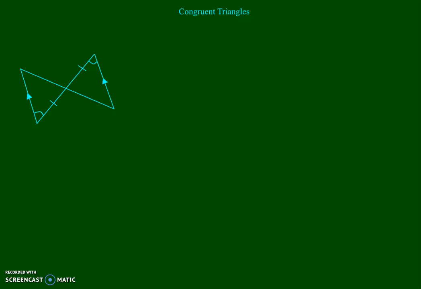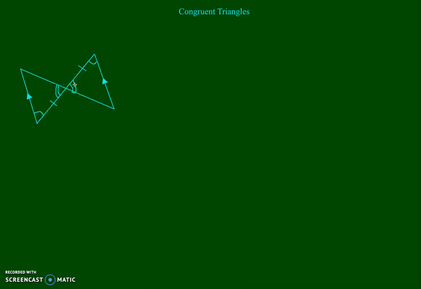And the other thing that jumps out at me is that I see these two angles are a vertical angle pair. So by the vertical angle congruence theorem, this angle is congruent to this angle. So here I have angle, side, angle. I can show these two triangles are congruent by angle-side-angle.